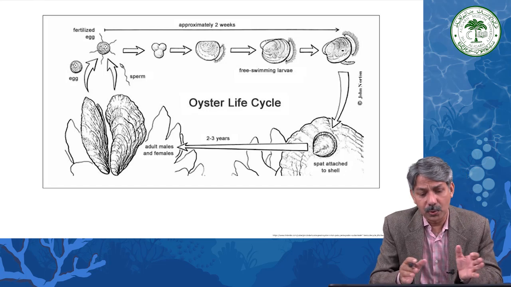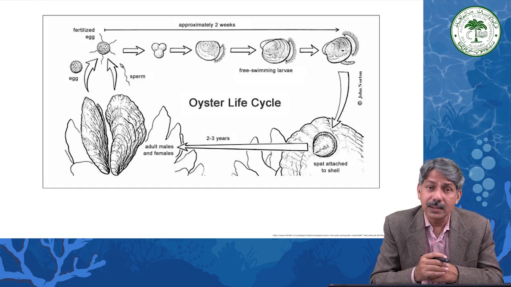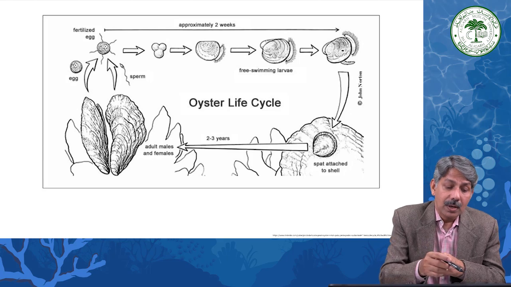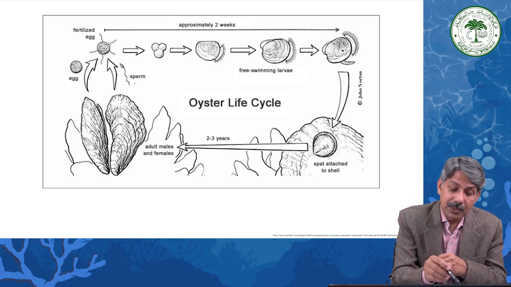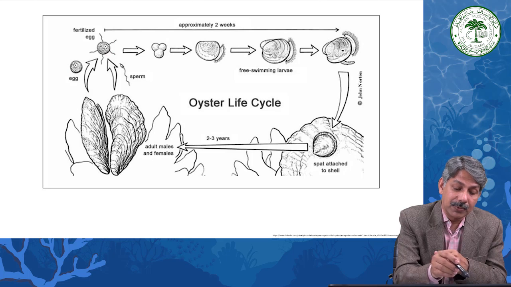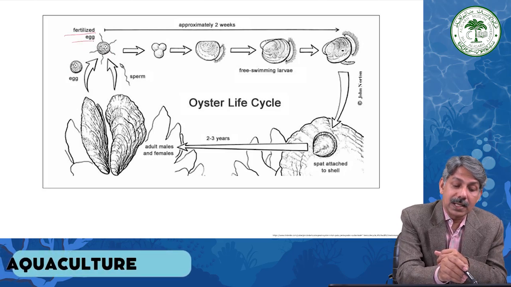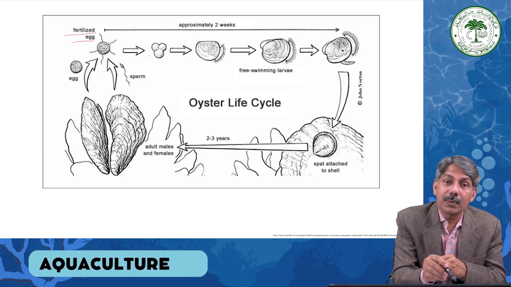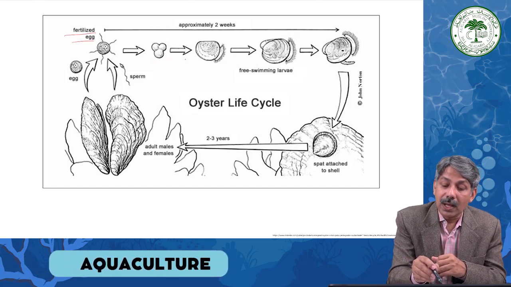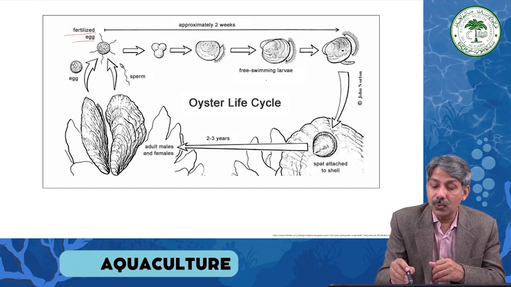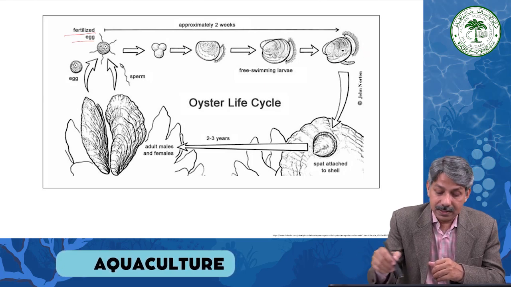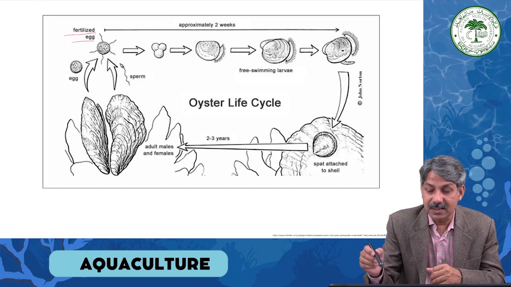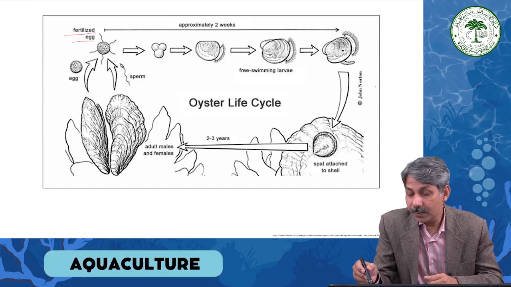Here it is shown diagrammatically, the oyster life cycle, pearl oyster life cycle. Eggs are released, gamete from the male and gamete from the female. Fertilization occurs. Here fertilized eggs are shown. Now development starts, and approximately after 2 weeks we get these stages completed, free swimming larvae.